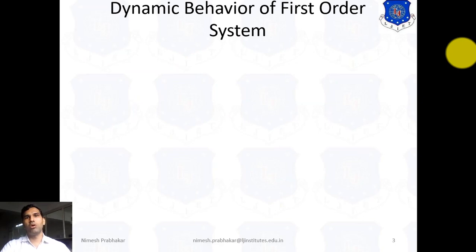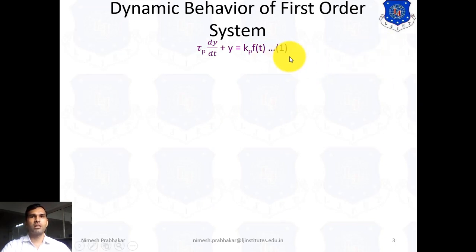We all know the equation of the first order system. We can represent the first order system by using this general equation: tau p dy by dt plus y is equal to Kp into f of t.